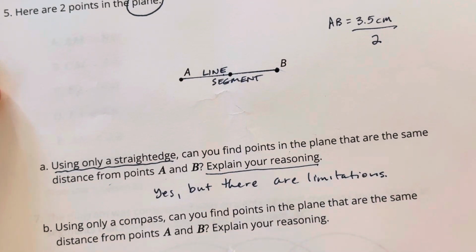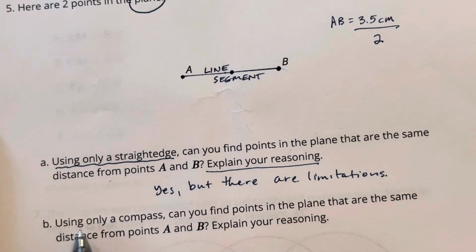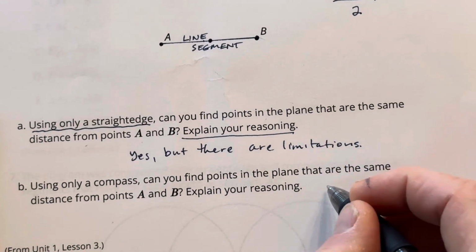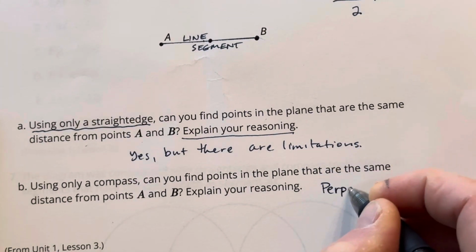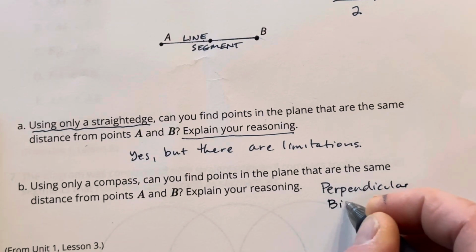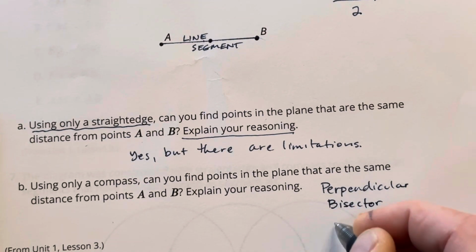All right, let's look at B. Using only a compass, can you find points in the plane that are the same distance from points A and B? Explain your reasoning. Well, for this, you would have to do what's called the perpendicular bisector construction.